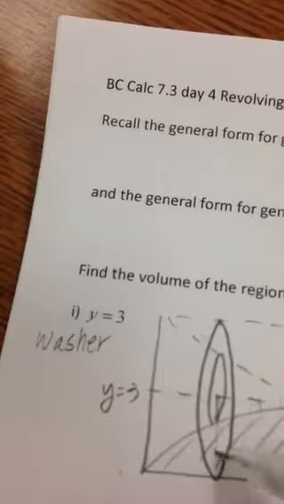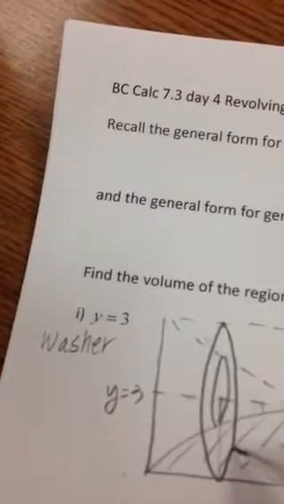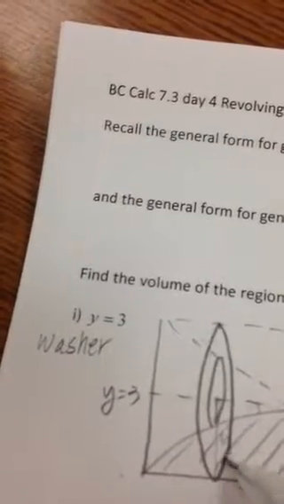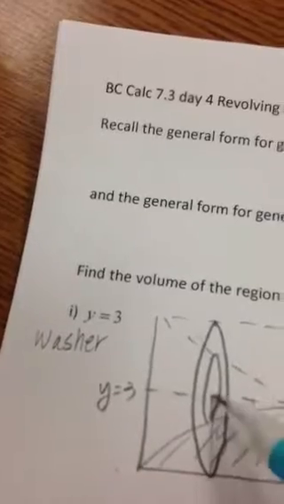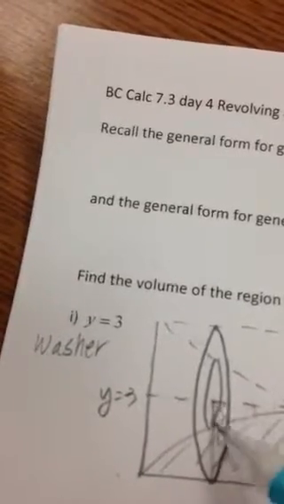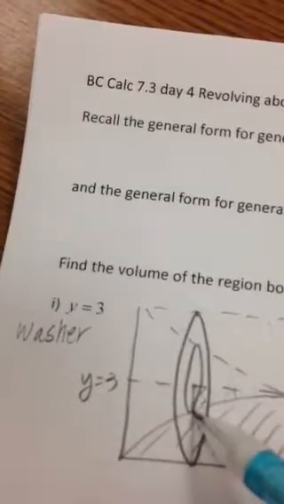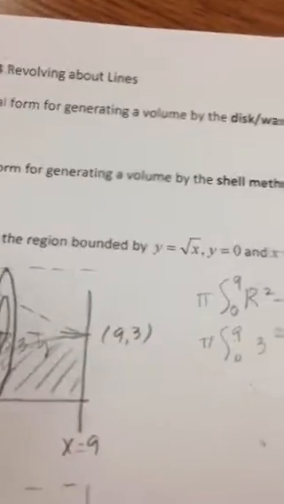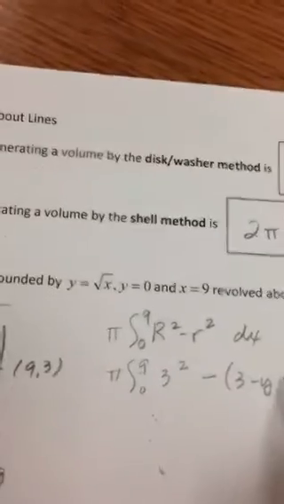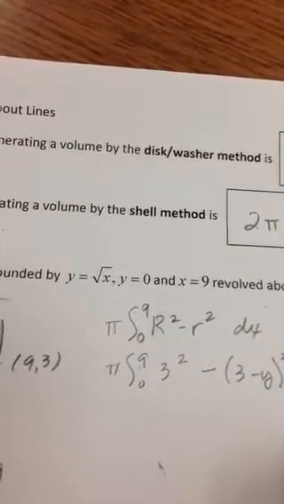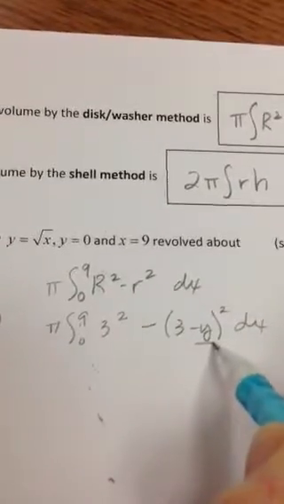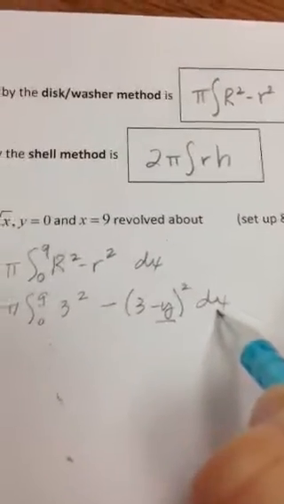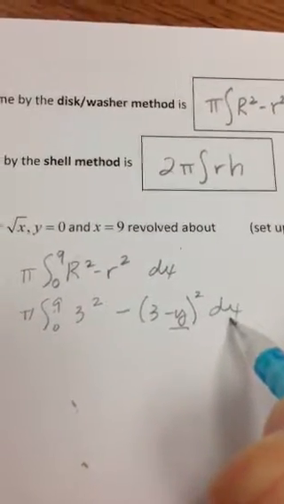So this quantity, as it changes, being vertical, I'm going to call y. So this remaining quantity, which is representative of that radius, would be 3 minus y. But I can see here that that's not consistent with the fact that this is a dx situation.